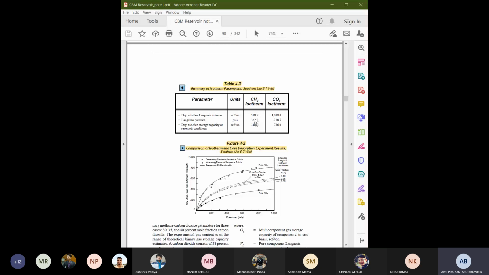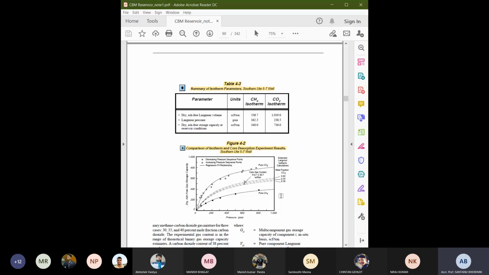And obviously, if you see these two isotherms, the upper one is for the pure carbon dioxide. You can see in figure 4.2. This is also the core desorption isotherm result. The upper graph is the pure carbon dioxide graph, and the lowermost graph is the pure methane graph.